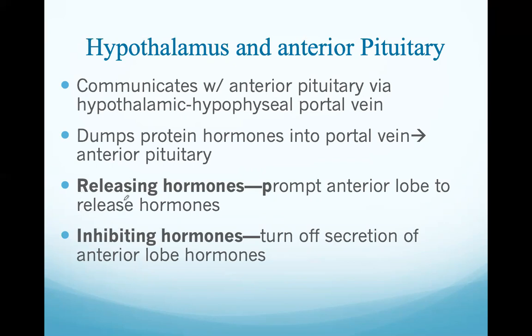As the name implies, these hormones from the hypothalamus are going to prompt or stimulate the release of hormones from the anterior pituitary gland. Now, if I want to stop this process, then your hypothalamus is going to release what we identify as inhibiting hormones, which basically inhibit or turn off the release and secretion of the hormones from your anterior pituitary gland.